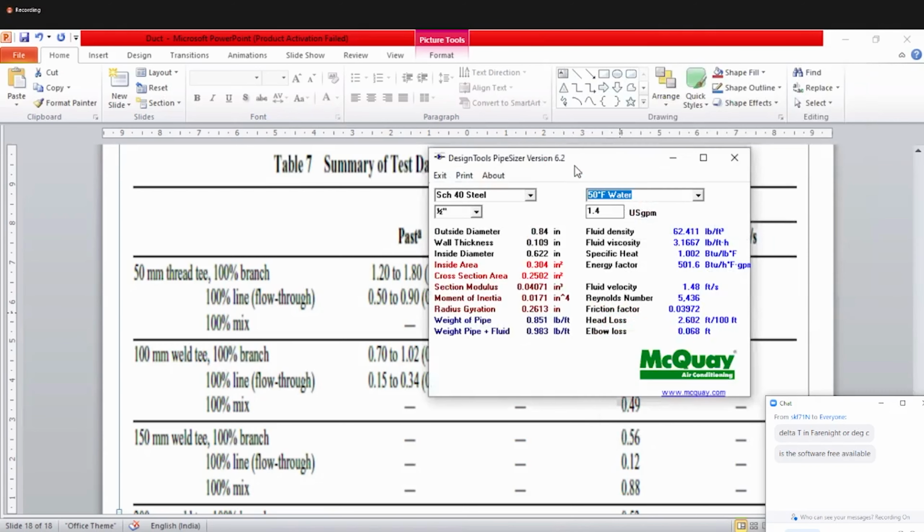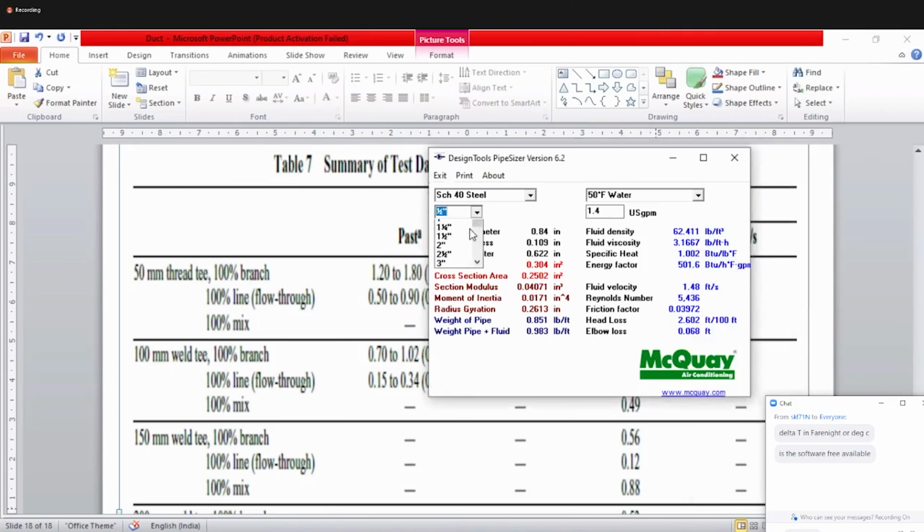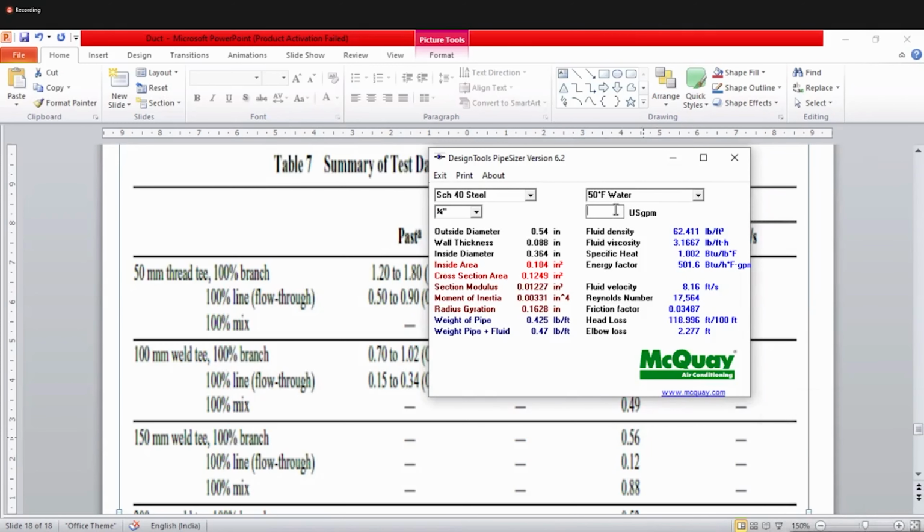Okay, so let's start. What is the GPM we got? 2.675. So we will first take the very smallest, 1/4 inch pipe, and enter 2.675.